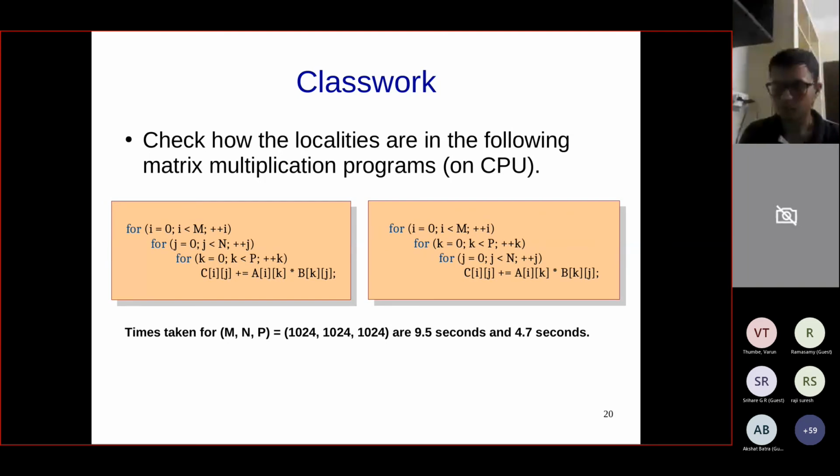So if you are accessing 0 0, then 0 1, 0 2, 0 3 up to 0 6 will be brought into the cache, but 1 0 will not be brought into the cache. That is the disadvantage: you are accessing in the column direction, while the benefit of spatial locality is only obtained when we go along the rows. I hope that's clear.